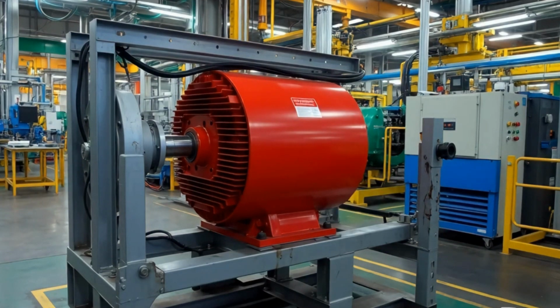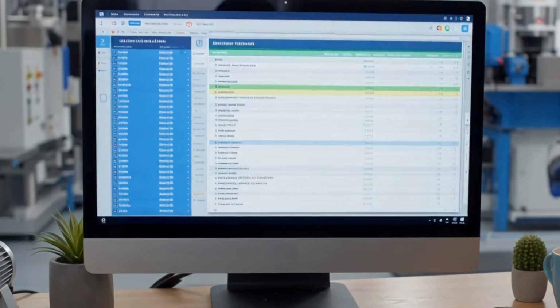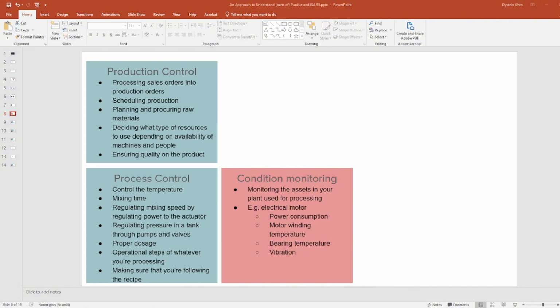For example, monitoring the winding temperature of a motor that is actuating the mixer. Both could give off an alarm against a set temperature in, i.e., your SCADA, but one would be about monitoring the quality of your product, while the other would be about monitoring the condition of your asset, i.e., condition monitoring.